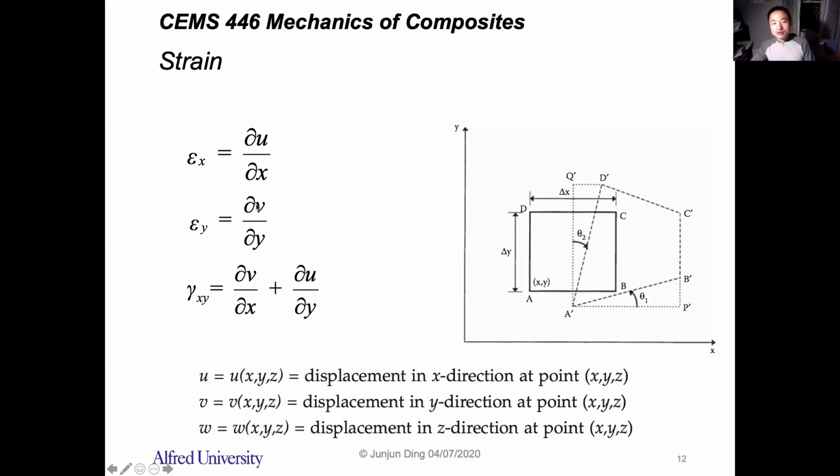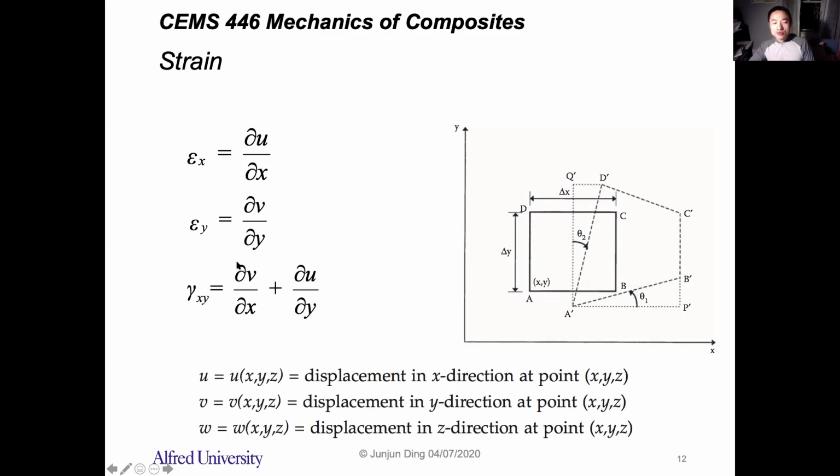So if the V, for example, which is the deformation in the y-axis, right? If the V is a function of not only y but also x, then you will have the shear strain, which is calculated based on the angle deformation.